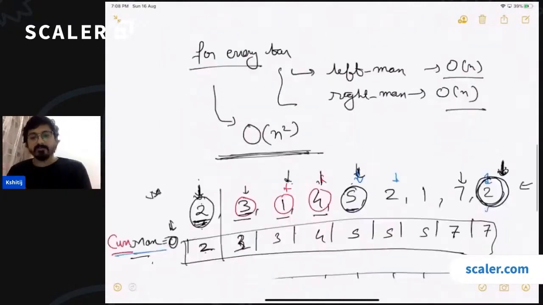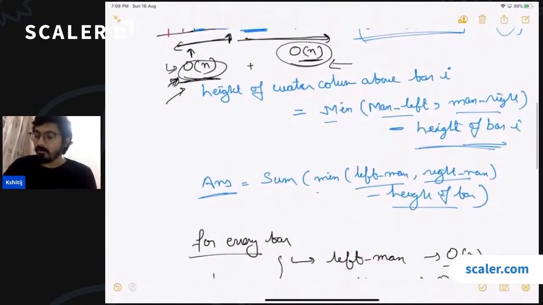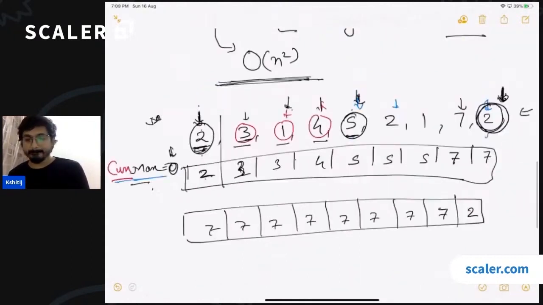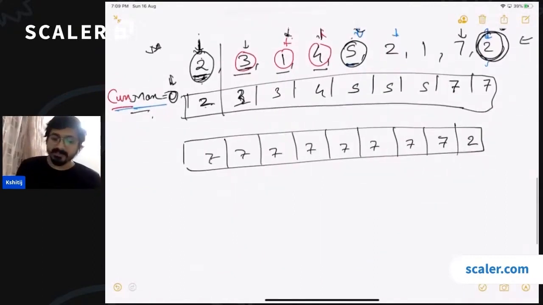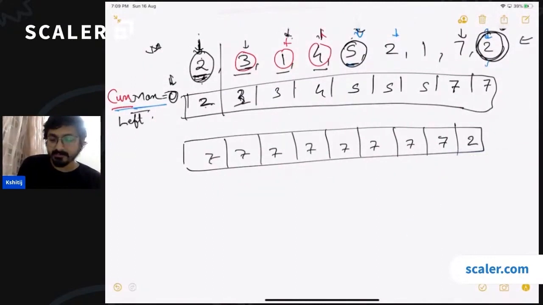So instead of running these two loops of order n on each and every index, we can just run a single loop and store all the required data. We can do some pre-computation. We will need two extra arrays. Let's call them the left max array and the right max array.